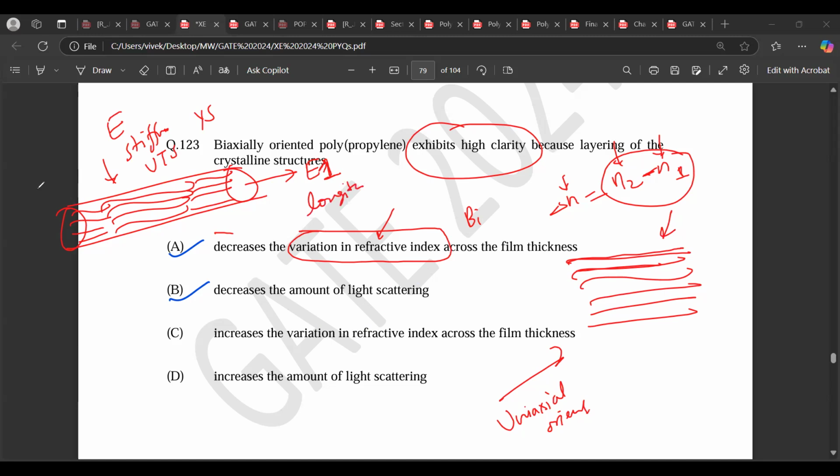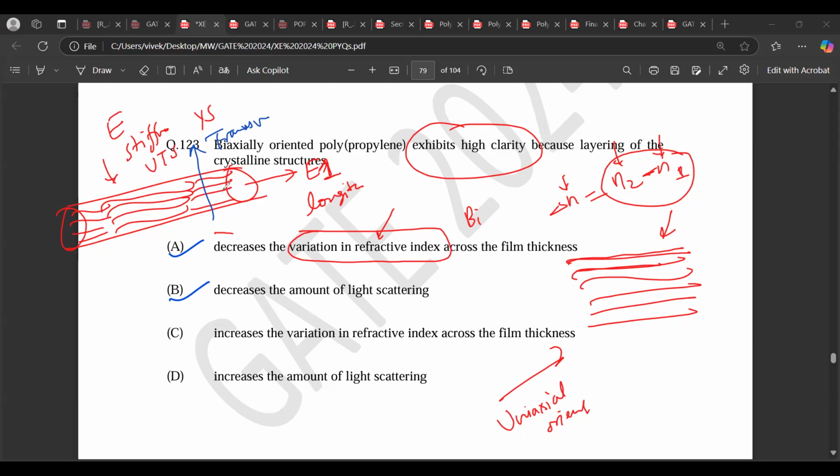But they have very low properties in the transverse direction, because chains are not oriented in the transverse direction. Very poor property in the transverse direction, so we call this property anisotropy. Isotropy means iso is equal, tropy means all directions equal. This is anisotropic nature.